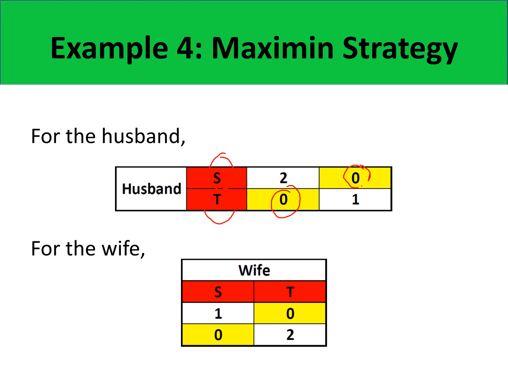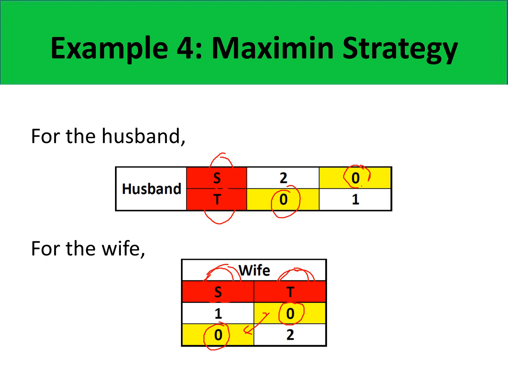Now similarly for the wife, if the wife chooses the sports program, the worst payoff would be 0. If the wife chooses the TV series, the worst payoff would be 0. Since the maximum of these values is 0, which corresponds to both the strategies, it also doesn't resolve the problem of the wife.